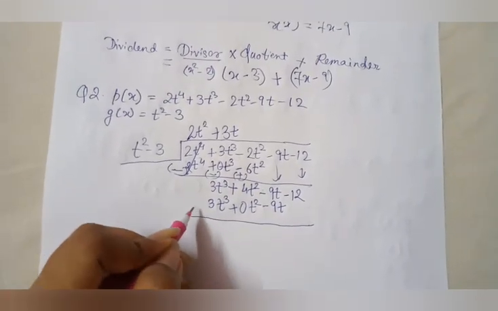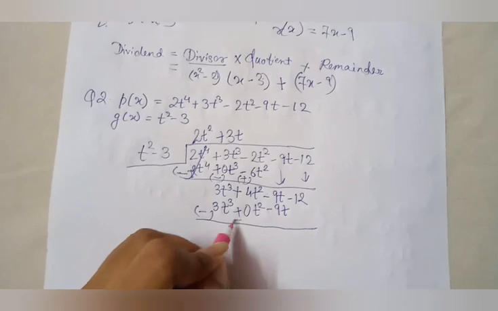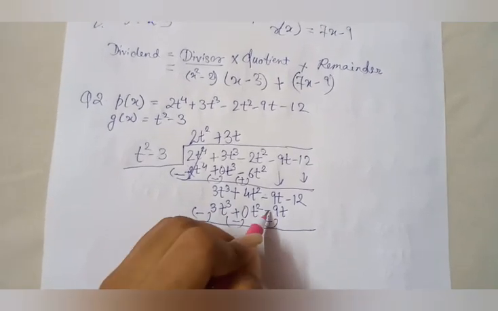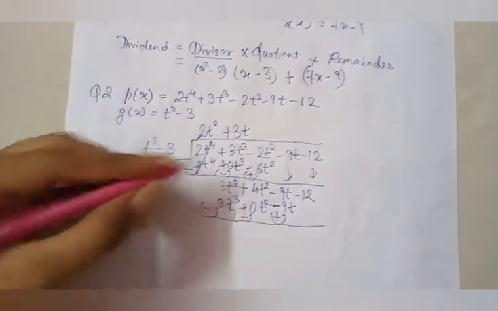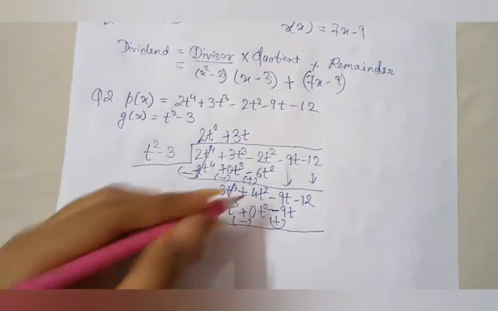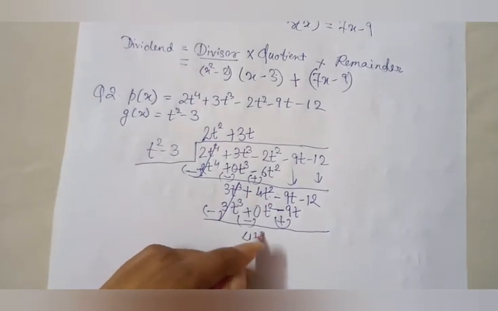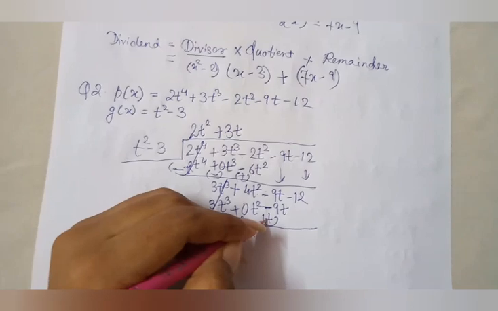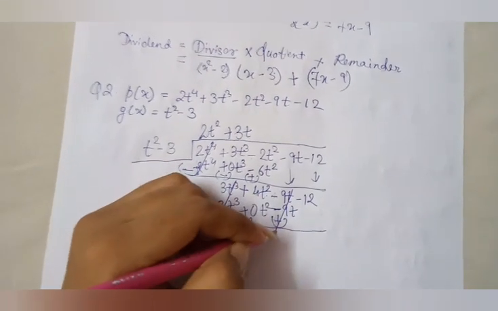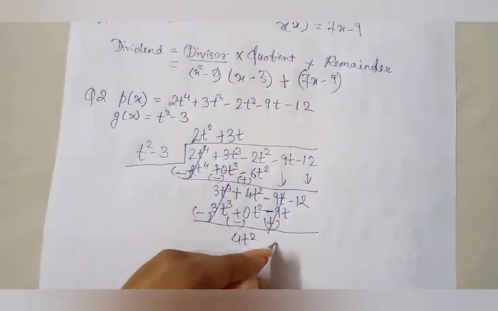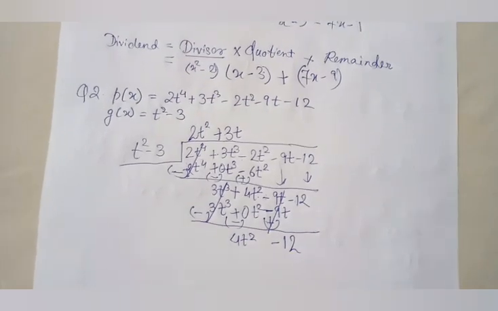Now we'll change the signs. 4t square. Minus 9t plus 9t will get cancelled, and we'll take this down, which is minus 12.